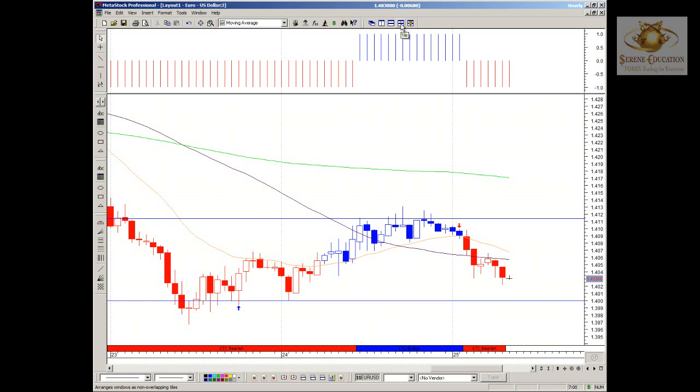So for the euro, look for a break and close lower than 1.4000 to confirm further downside movement. Otherwise, what we could expect is to see another bounce like we saw a day or two ago, and then a consolidation and then a reattempt to the upside. So we need a juicy down candle, preferably on an hourly, to break lower, and we'll get to see this trading further to the downside.